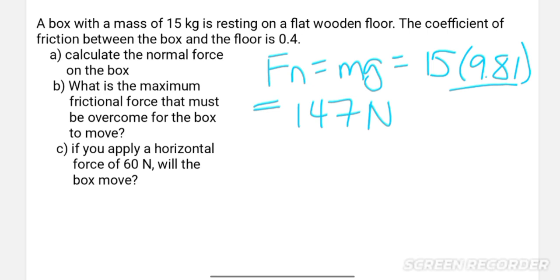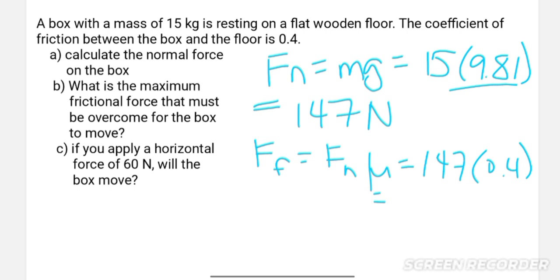If the pulling force exceeds the frictional force, the box is going to move in the direction that it's being pulled. So we already have F is equal to Fn times the frictional coefficient, and we've got 147, and the frictional coefficient is given.